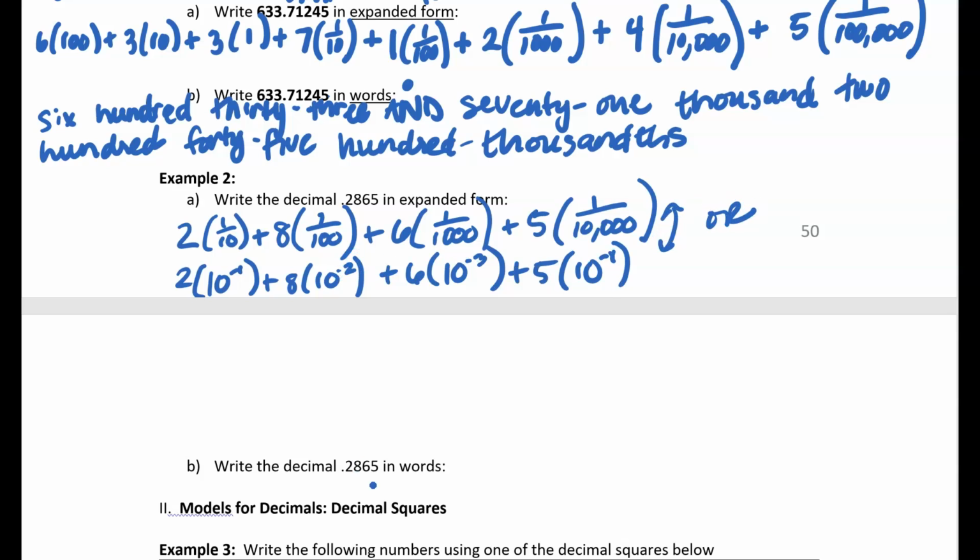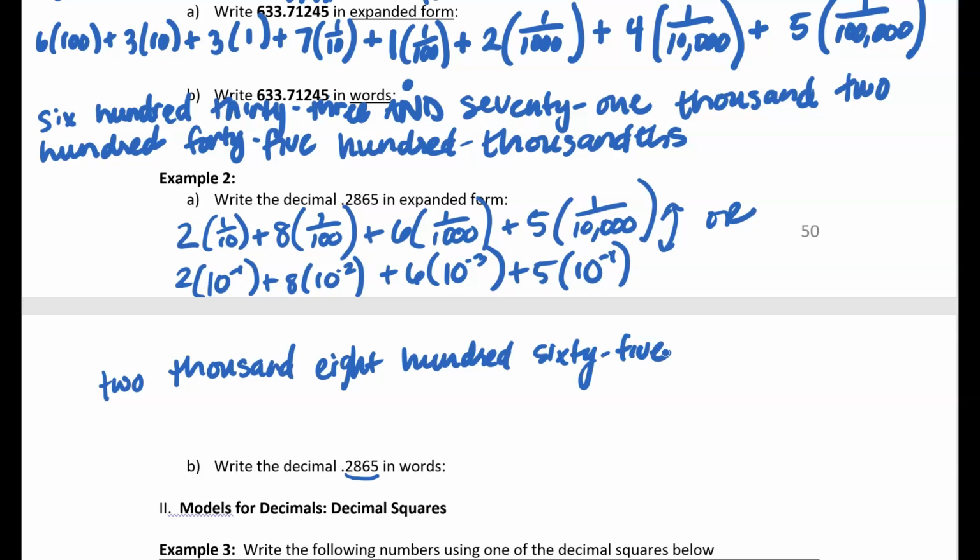And then in words, everything after the decimal, you're going to say that number as you would say it without a decimal. So 2,865. I'm going to write it up here. 2,865, and then to figure out the decimal part of it, you ask yourself, what's the last place value here? So tenths, hundredths, thousandths, 10,000ths.